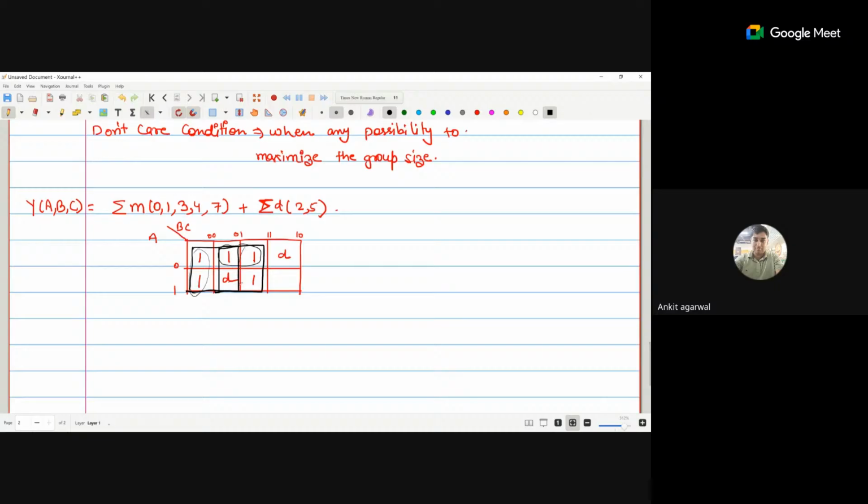By including this D, we can create a group of 4. So we only consider the don't care condition where there is a possibility to maximize the group size. Initially the group size is 2, and by considering this D we can create a group of size 4. Now what about this one? We can see that all 1s are covered, 1, 2, 3. All the ones are in a group. Now there is no need to create this group.